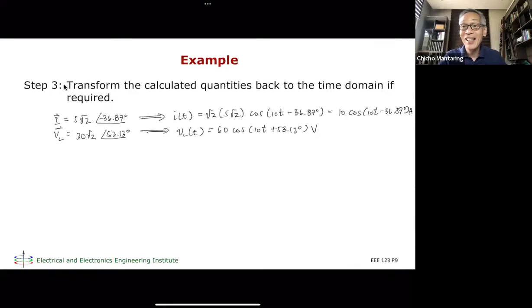So andali, ano? It's quite easy. If we had tried solving the problem in the time domain, let me just illustrate that, for the sake of illustrating it.